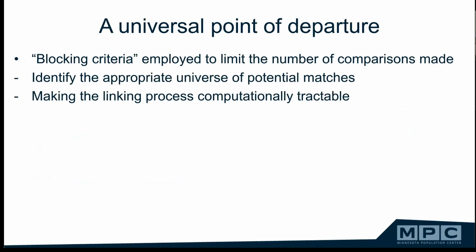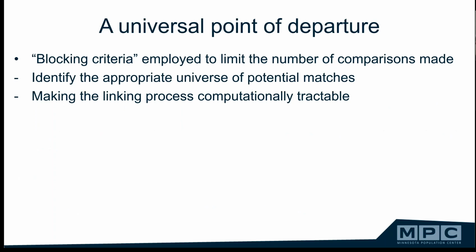What is always used are what's called blocking criteria, and they are employed to limit the number of comparisons made, because, as is easy to understand, we're talking about huge data sets, millions and millions of observations.